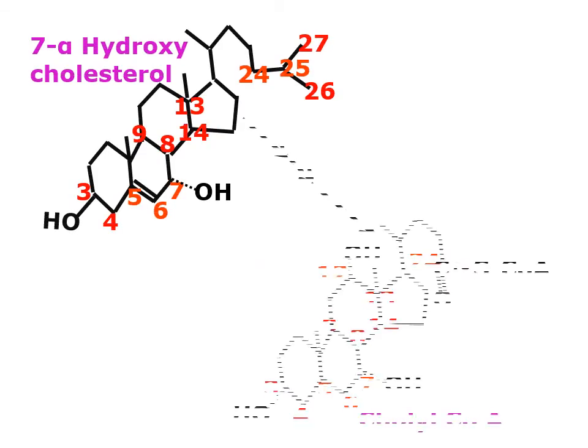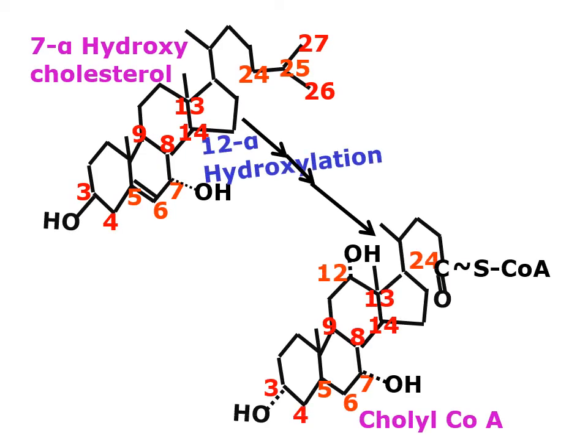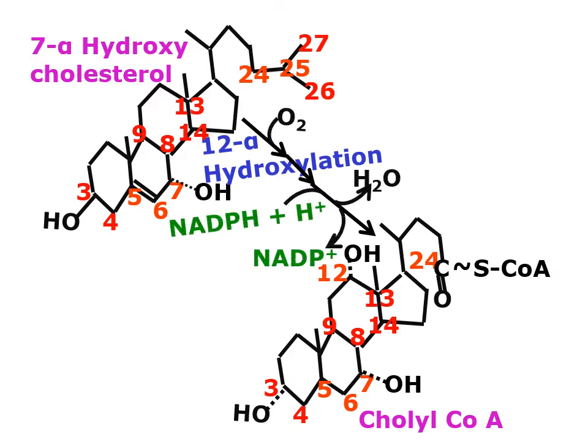Now to this 7-alpha hydroxycholesterol, one more OH group is added at the 12th position, called 12-alpha hydroxylation, by a series of reactions using NADPH as a donor of hydrogen. By adding the OH group at the 12th position, it forms cholyl-CoA.